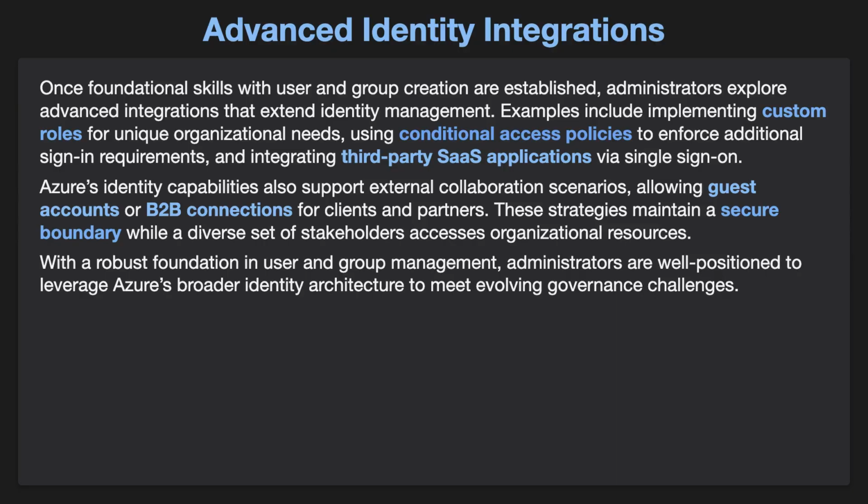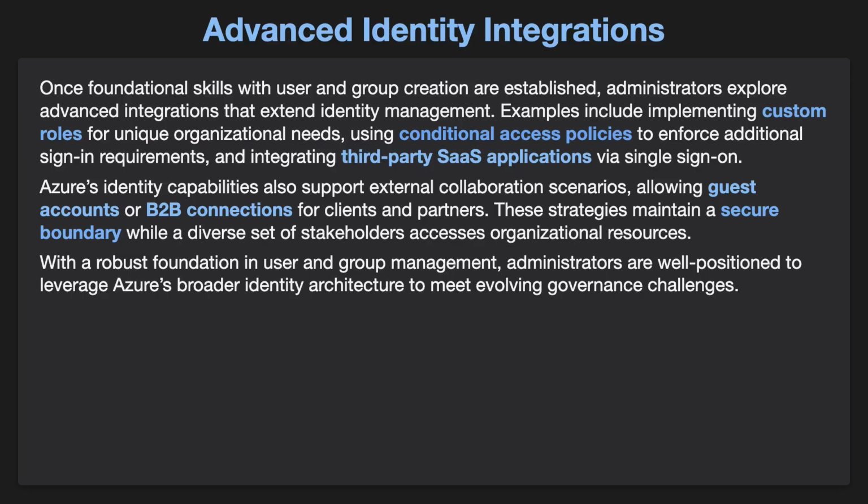experience. Once foundational skills with user and group creation are established, administrators explore advanced integrations that extend identity management. Examples include implementing custom roles for unique organizational needs, using conditional access policies to enforce additional sign-in requirements, and integrating third-party SaaS applications via single sign-on.